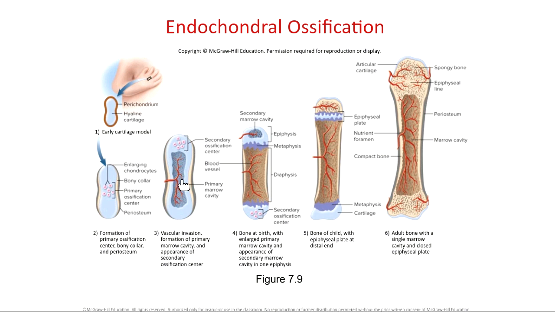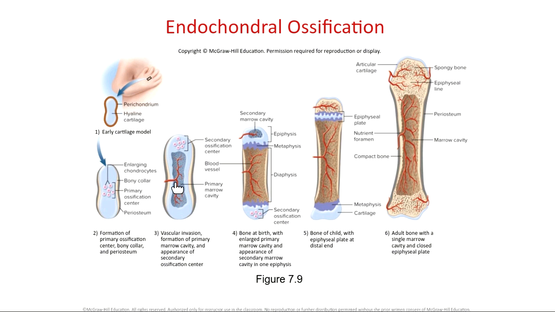And then we're going to start to see the development of a cavity. The primary ossification center has expanded into a cavity. We will see that osteoclasts are going to be here to form a cavity, a marrow cavity.